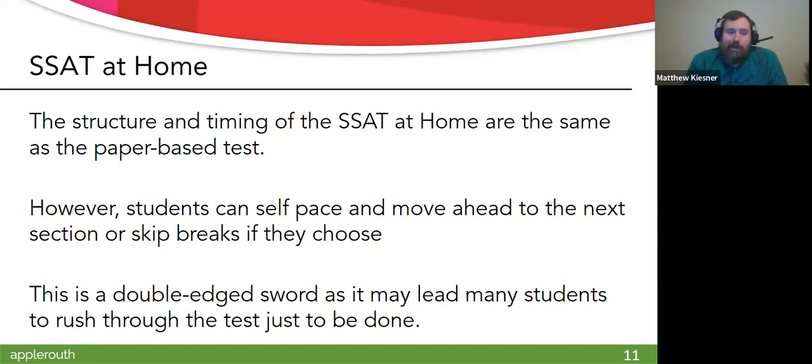So clearly he did not use that responsibility well. It's important to make sure that if you do this at home, knowing that once you leave a section you cannot return to it, you're not going to have extra time at the end to review your work. It does close.